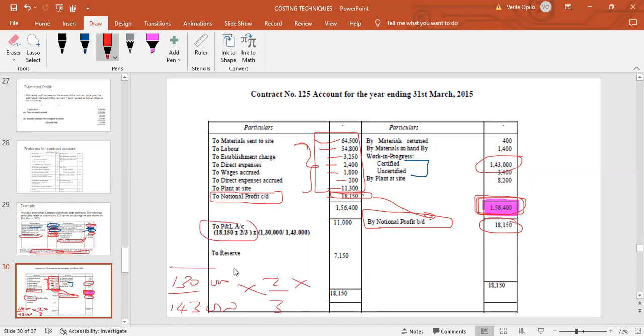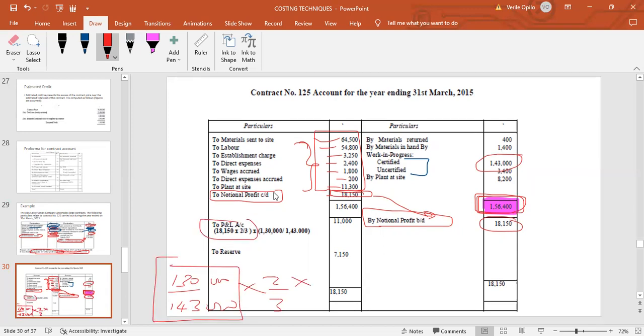This is to compute the ratio: out of the notional profit that we have obtained, given the work certified and given the cash that has been paid for them, what proportion of the total profit that we have made should we transfer to the profit or loss account? We're not transferring the entire amount because we transfer on the cash basis.